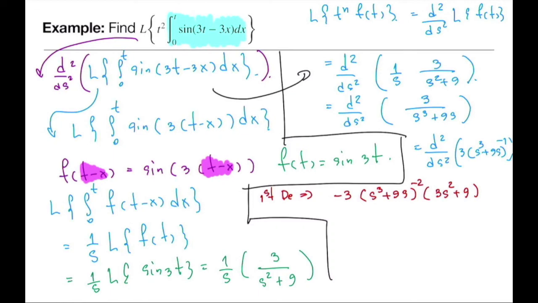And that is actually minus 3. I pull minus 3 out, so I get minus 9 times (s squared plus 3) divided by (s cubed plus 9s) squared.